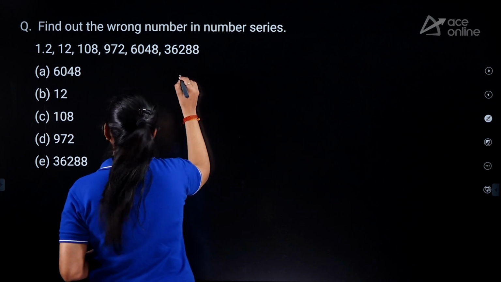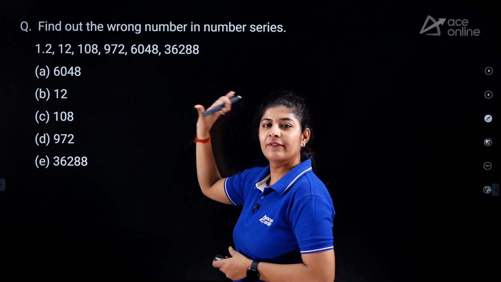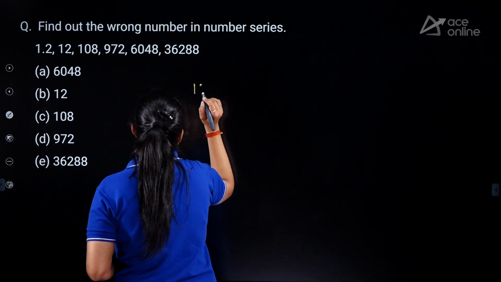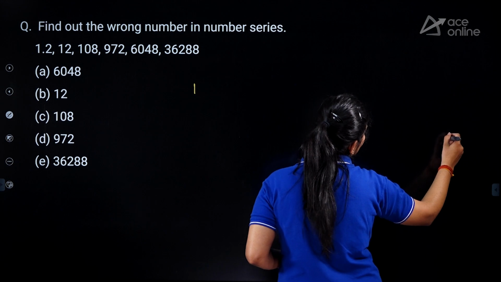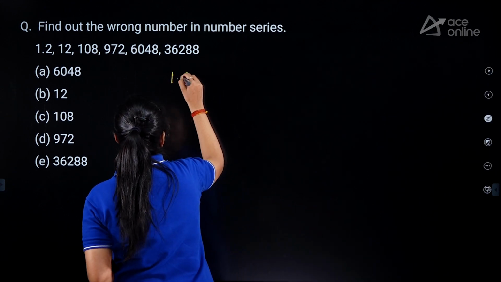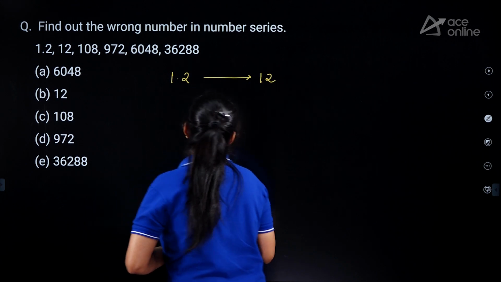Here we are having 1.2 and we are not having 1.2 in our option. So we can start with it. Okay. So with the help of 1.2, I have to go to 12, right?